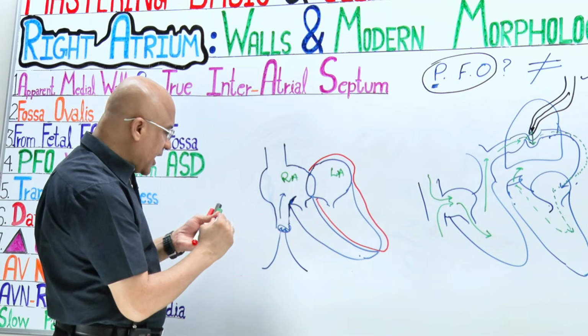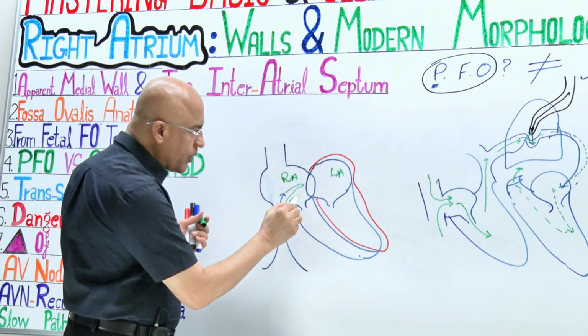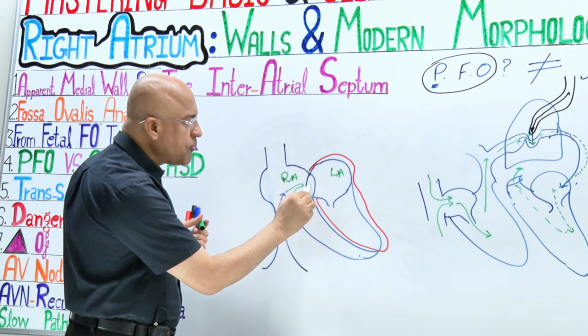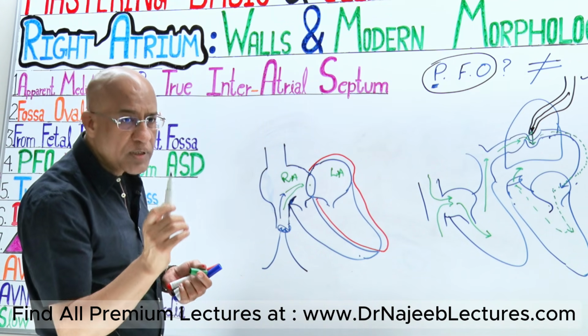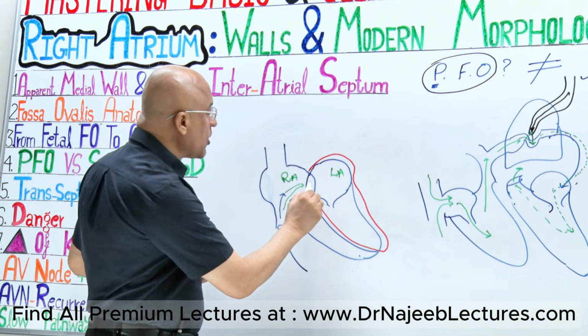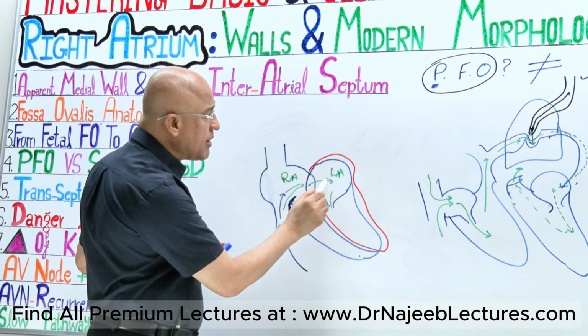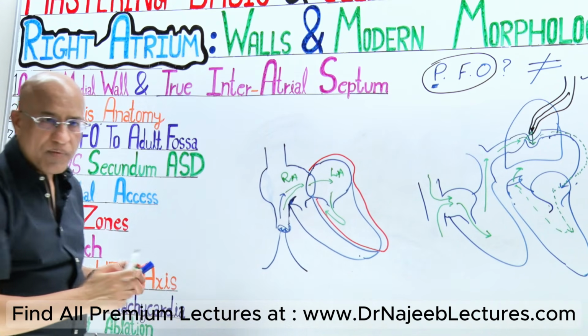It directs the blood to the foramen ovale, not to the tricuspid area. Minimum will go to this side, and through the foramen ovale, which is open during fetal life, blood will go directly to the left atrium, then the left ventricle, and then to the aorta, to the rest of the body.